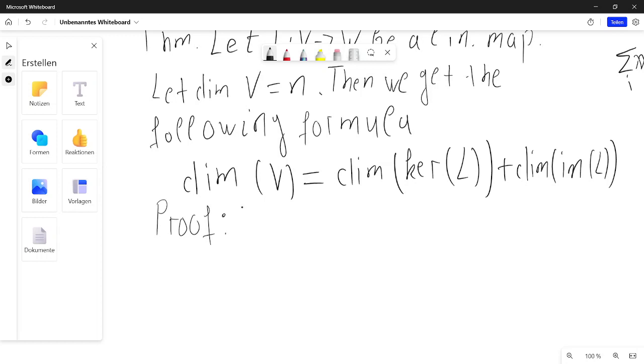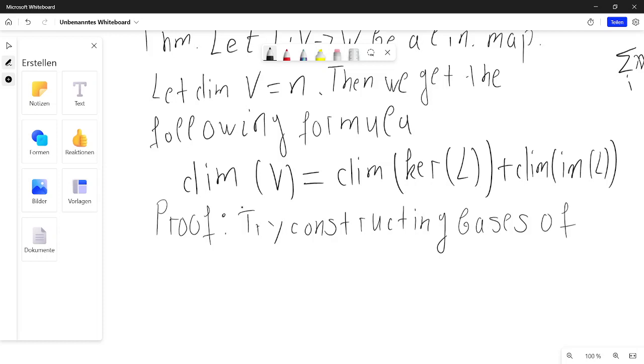Of course, try constructing a basis of the kernel of L, and of the image of L, extracting or taking such that it turns out that the numbers of vectors in the bases match.